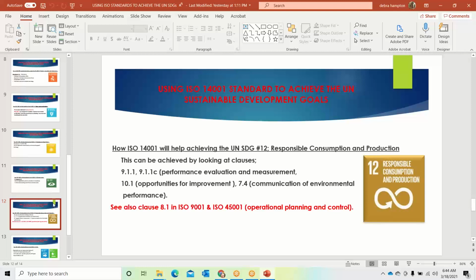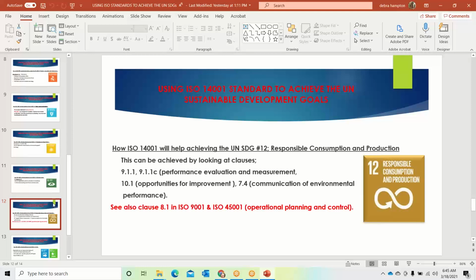That's clause 8.1. So how can we relate these clauses towards achieving this sustainable development goal? That is the question.